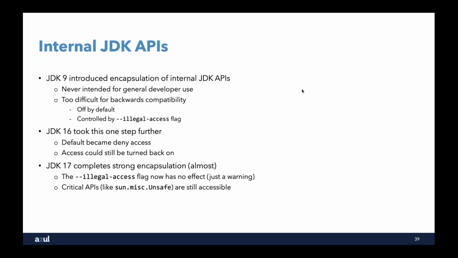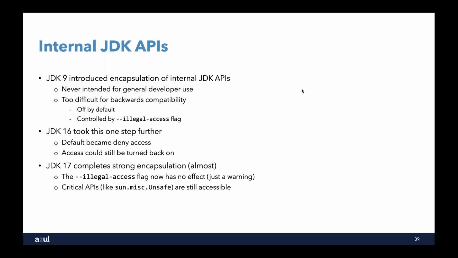The other thing that has been addressed is the encapsulation of internal JDK APIs. In JDK 9, the idea was to turn off access to all of the non-public APIs within the JDK class libraries. That didn't work because of backwards compatibility.